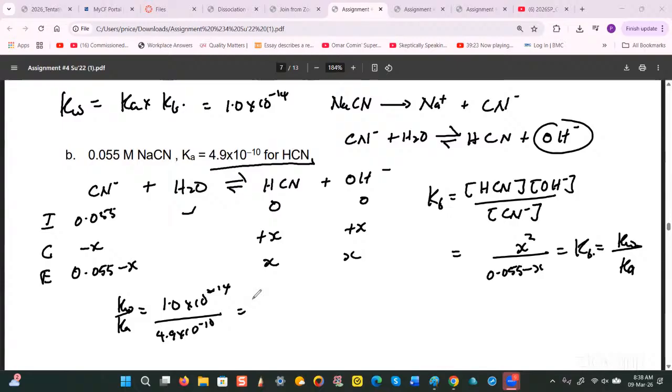I think I did something wrong here. 1 times 10 to the minus 14 divided by 4.9 times 10 to the minus 10. Okay, so I got 2.0 times 10 to the... oh, I did do something wrong here. Let me do this one more time. I'm sorry. 1 times 10 to the minus 14 divided by 4.9 times 10 to the minus 10.